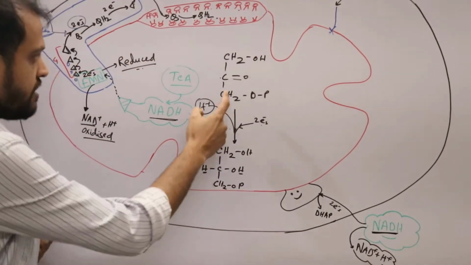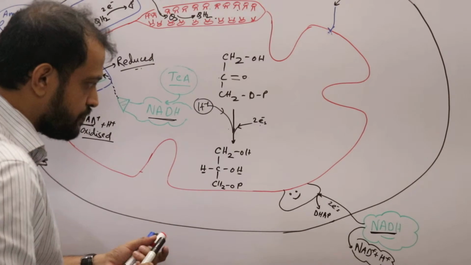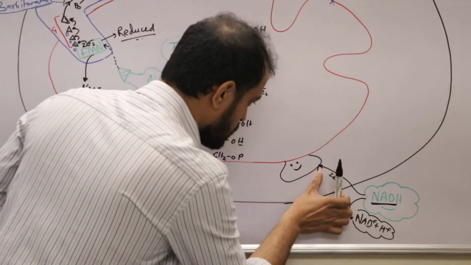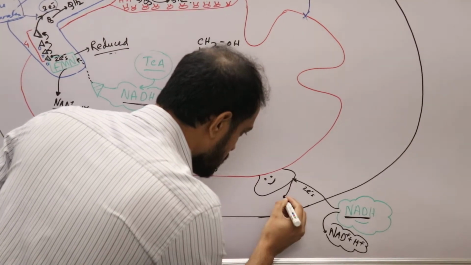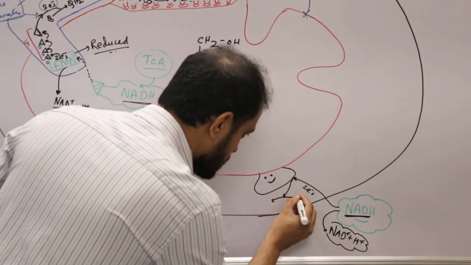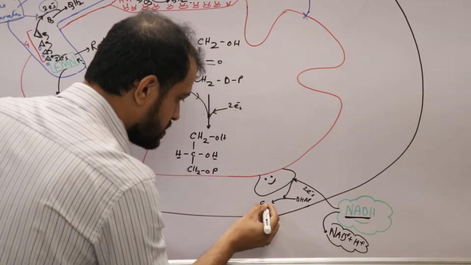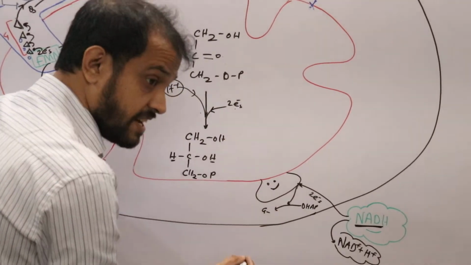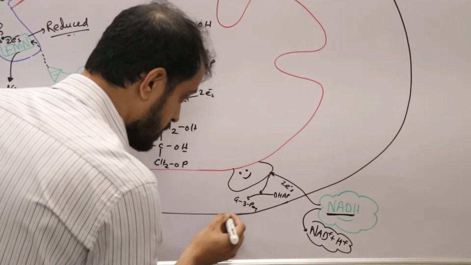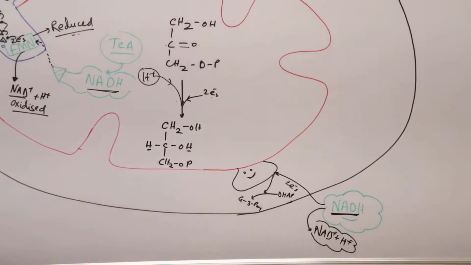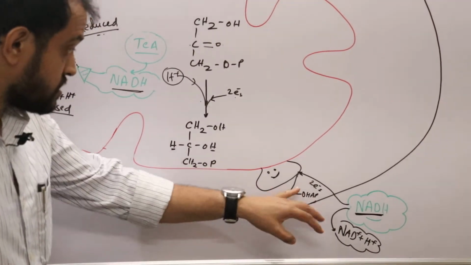Now, we have successfully reduced dihydroxyacetone phosphate to glycerol 3-phosphate, not glyceraldehyde 3-phosphate, which is an intermediate of the glycolytic pathway.